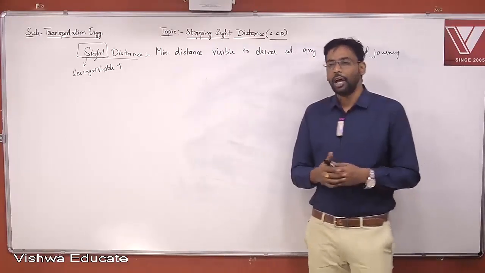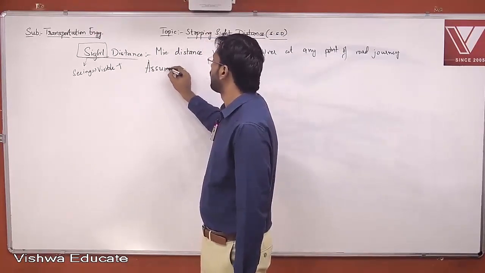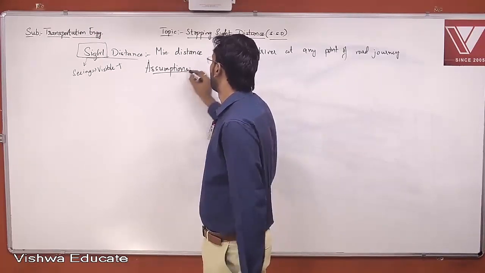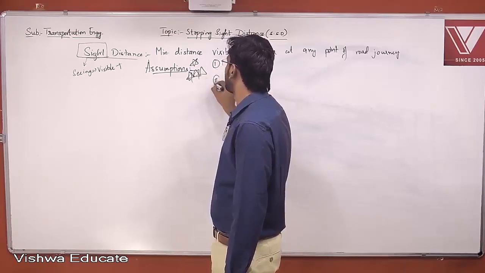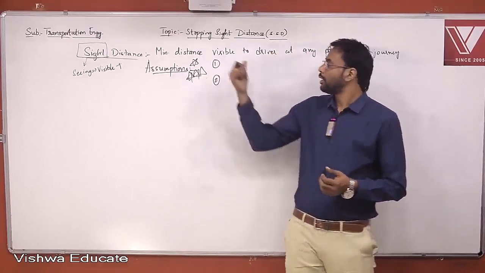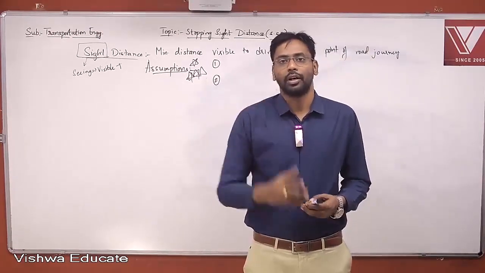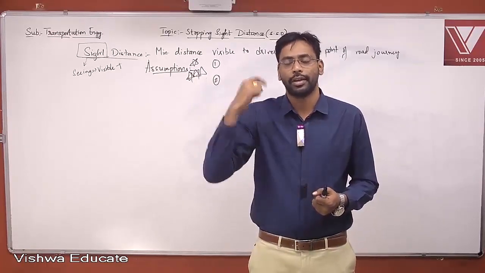Now we have two very important assumptions here. It's a very frequently asked bit in most of the exams, very repeatedly asked. What I said, the minimum distance visible to the driver, depends on the height of the driver's eye level, right?